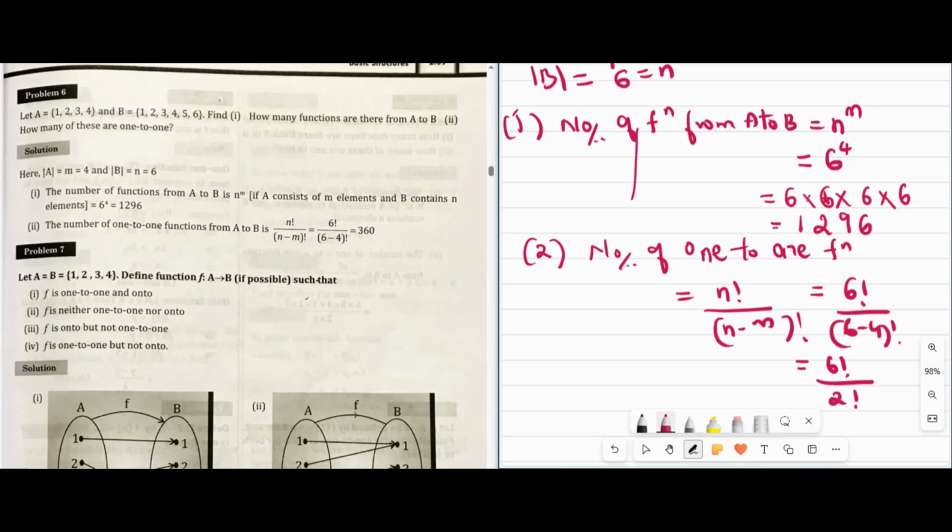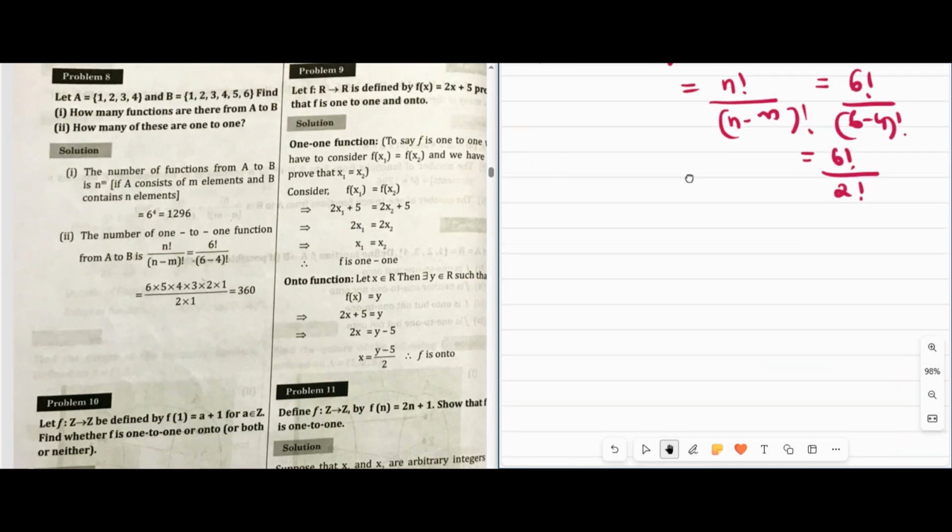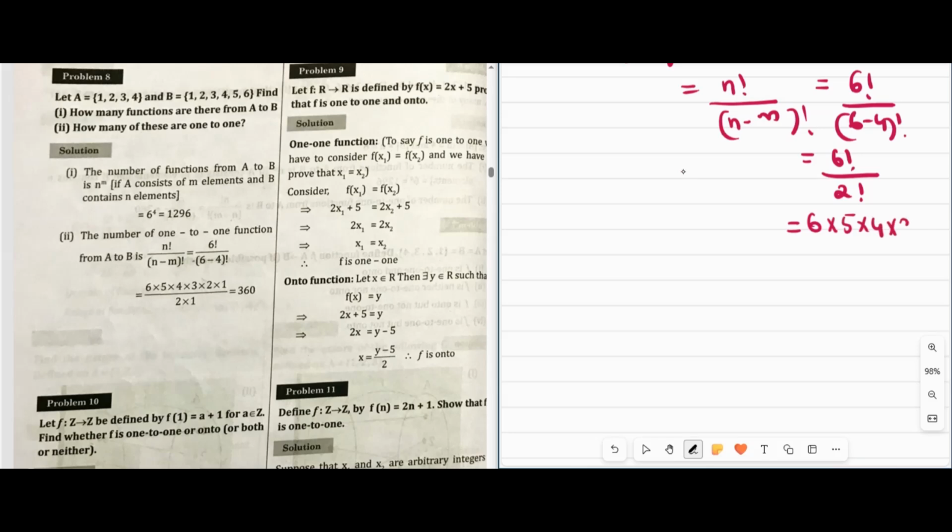That is 6 into 5 into 4 into 3 into 2 factorial divided by 2 factorial. The 2 factorials cancel. 6 fives are 30, 4 threes are 12, 12 thirties are 360. So we have 360 one-to-one functions.